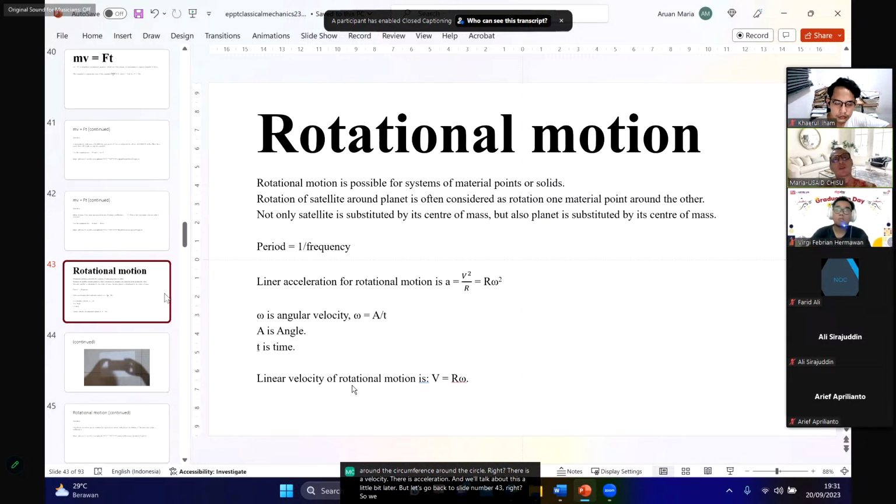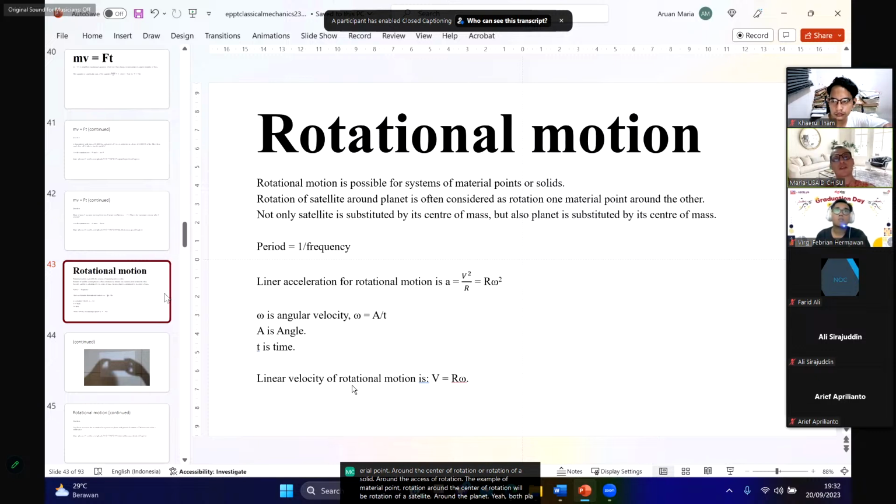So we consider rotational motion. It is possible to consider rotation of a material point around the center of rotation, or rotation of a solid around the axis of rotation. An example of material point rotation around a center of rotation is the rotation of a satellite around a planet.